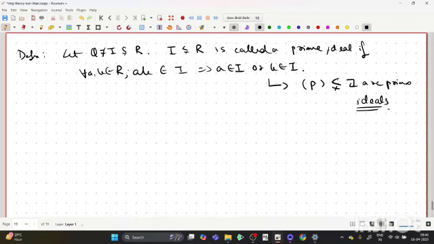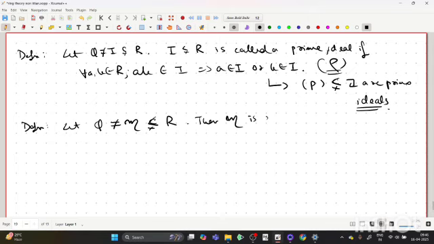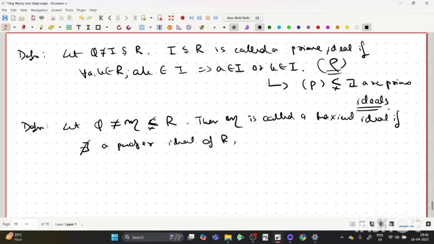Okay. And there is another important definition. Definition number 2: we ordinarily denote prime ideals by P. Now let M, not equal to the empty set, be a proper ideal of R. Then M is called a maximal ideal if there does not exist a proper ideal of R strictly containing M. Got it?